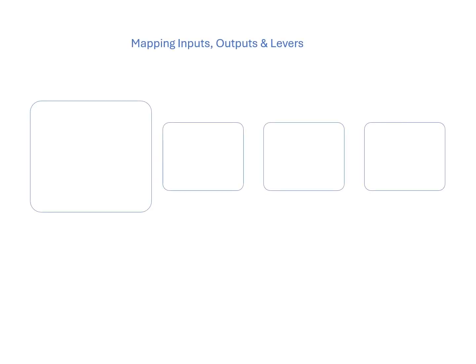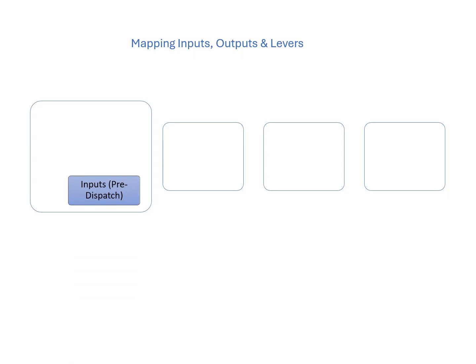Now that we know the term definition as well as the broader category in which each term belongs, let's try to map them according to the input, output, and levers or process. This type of approach is called systems approach, and this mapping is also called systems mapping, in which the first part is the input.